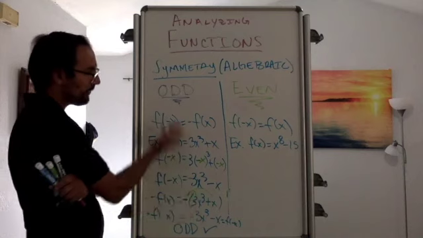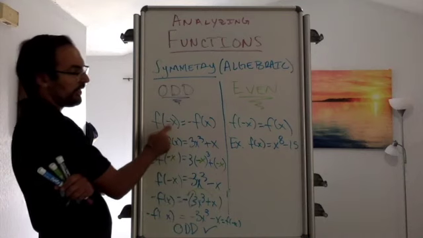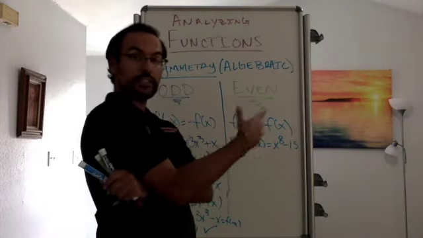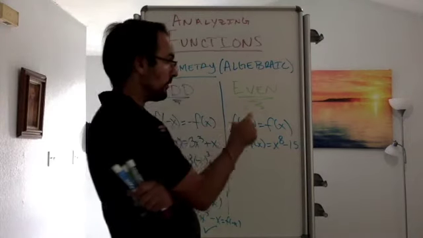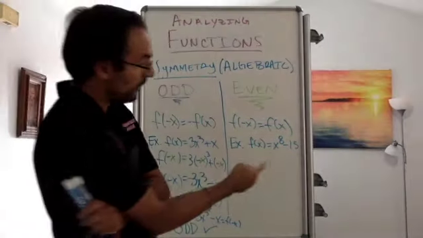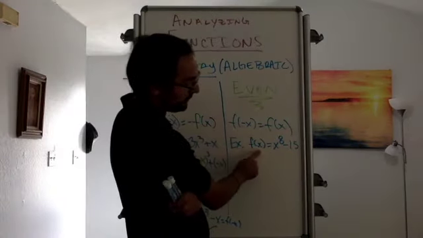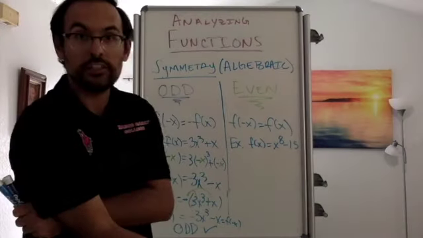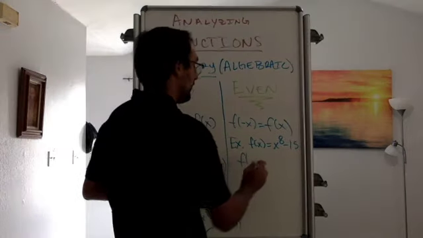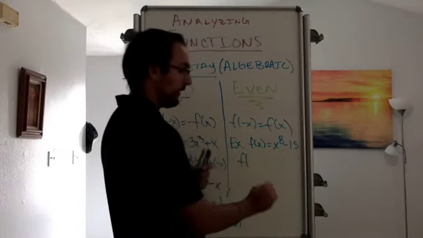So again, the property for odd was if I plug in a negative x, then I get a negative f of x. For even, it stays the same no matter what I do to it. So if I plug in negative x, it should stay the same. What I'm going to check for is when I plug in negative x to this function, nothing changes. So let's go ahead and try that. We're testing for an even function.